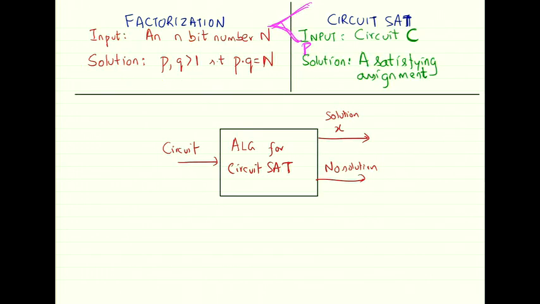So we sort of know what to do now. So let's see. I have a number n that I want to factor. Right? I want to convert it into a circuit. What's the circuit I'm going to set up? Well, the circuit I'm going to feed in would be the verification circuit.